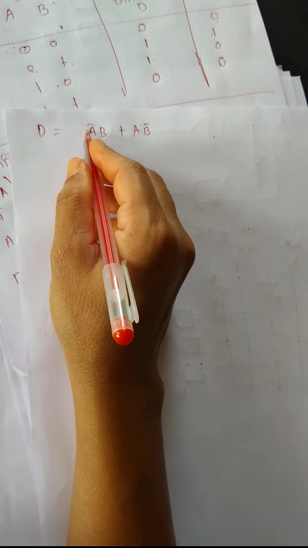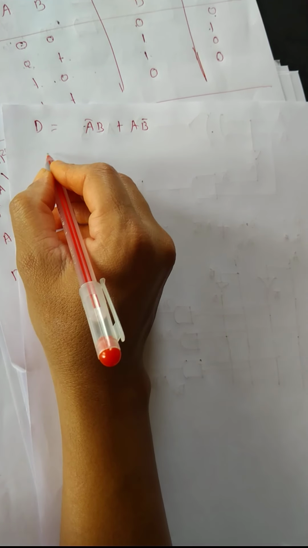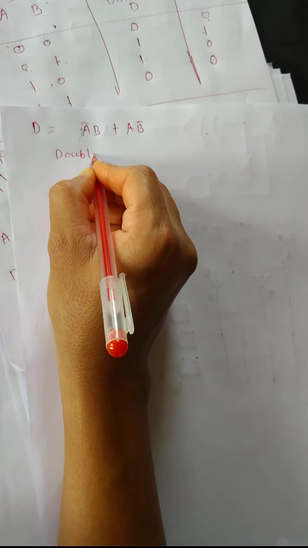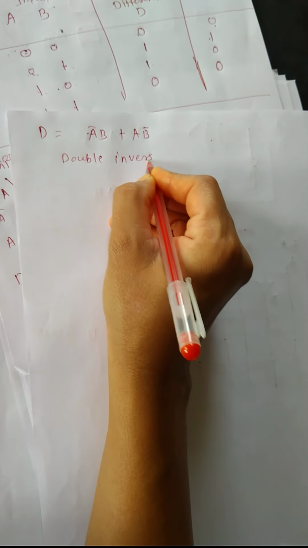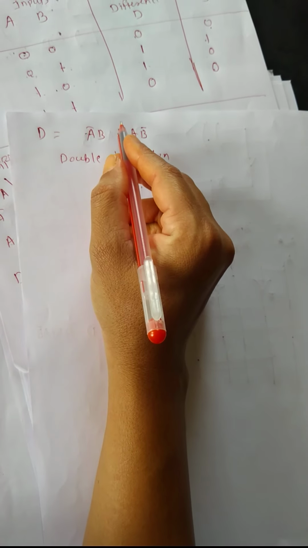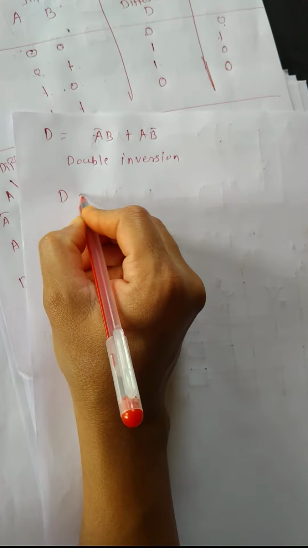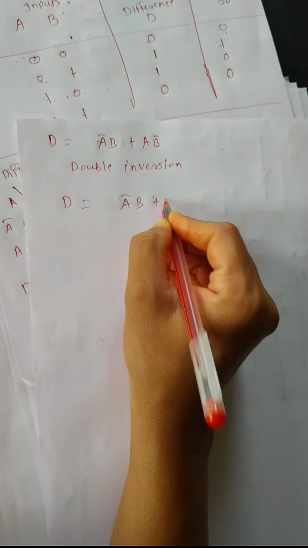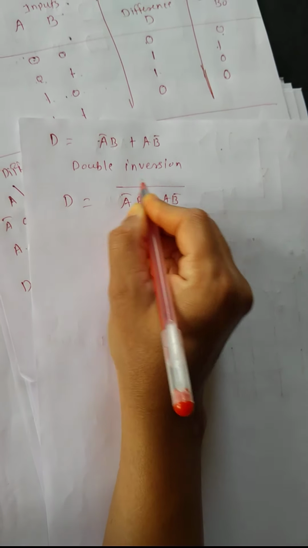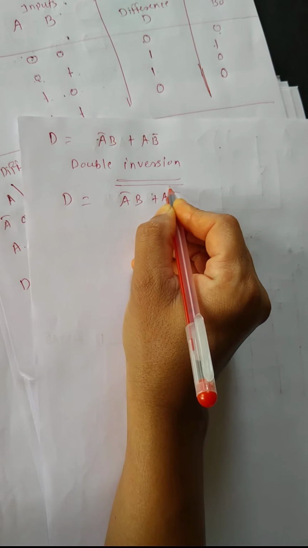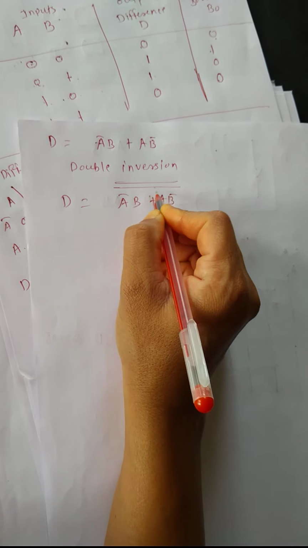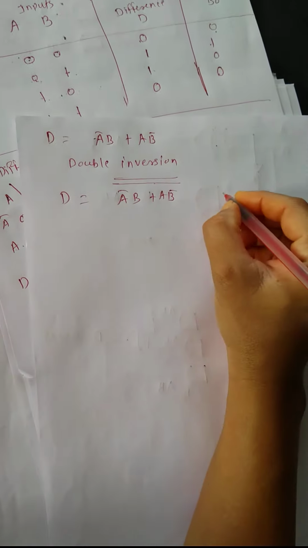So for this difference equation you have to take the double inversion, because we want this equation in the form of NAND gate. So the difference equation A bar B plus A B bar, double inversion. For this single inversion, you have to use De Morgan's theorem.